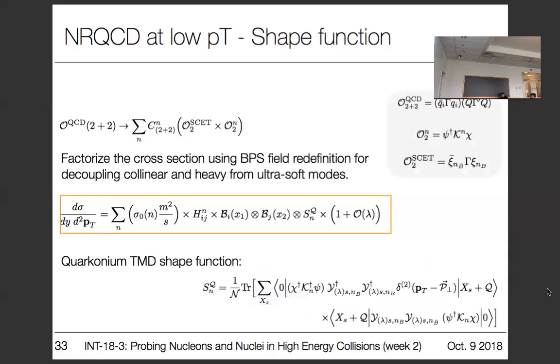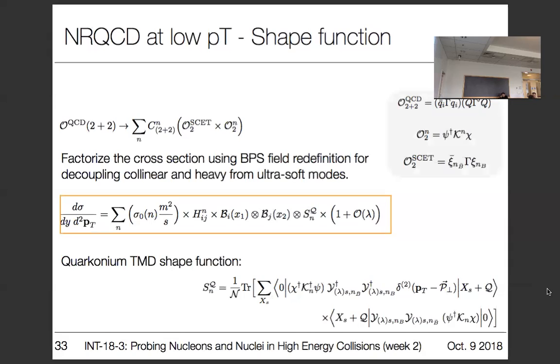And then at the end, we have something that looks like a soft function, but it's much trickier because it involves this O2 operator here from the Quarkonium production. And what we usually try to do is push this operator outside the matrix element and create a new matrix element.